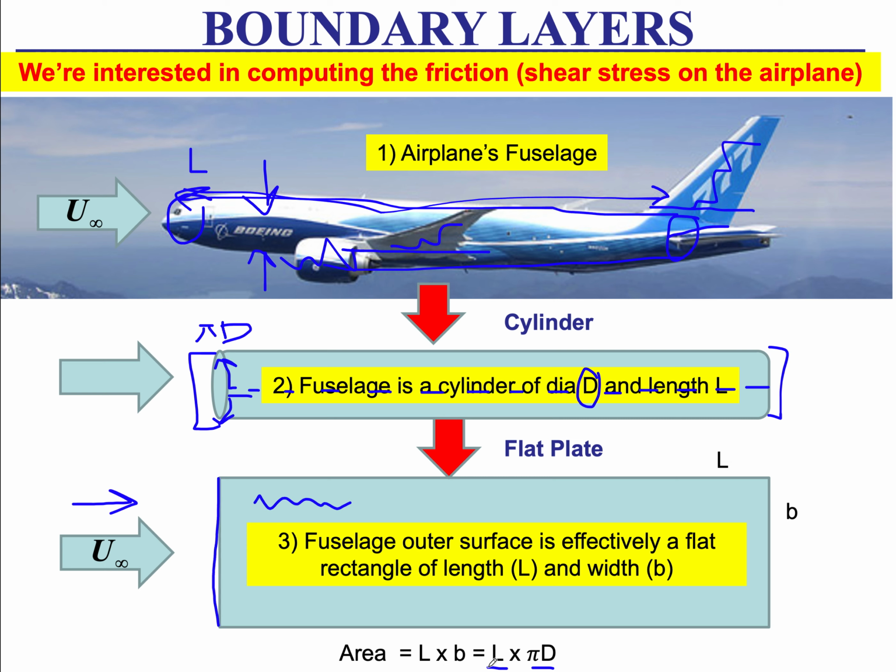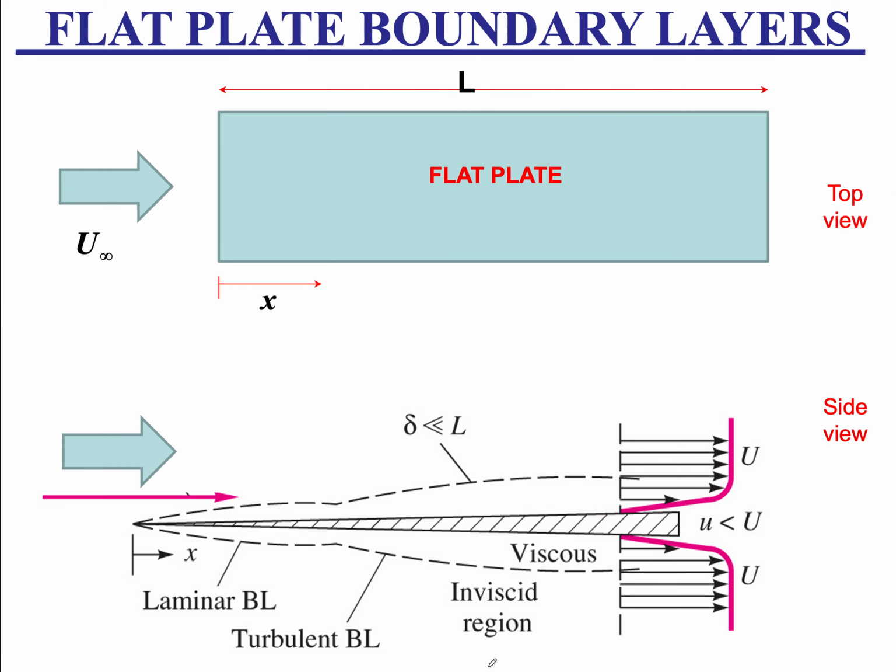So here's a justification, sort of, or practical application, of why we can start with flat plate boundary layers. If I look at this flat plate, let's now define our coordinate system.